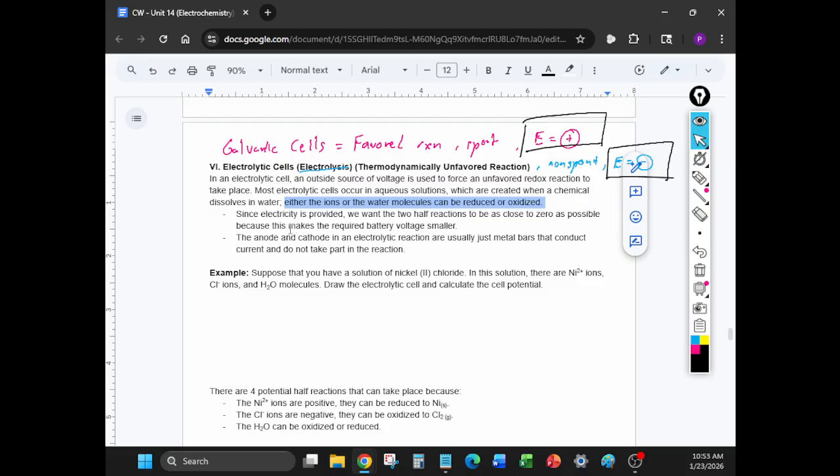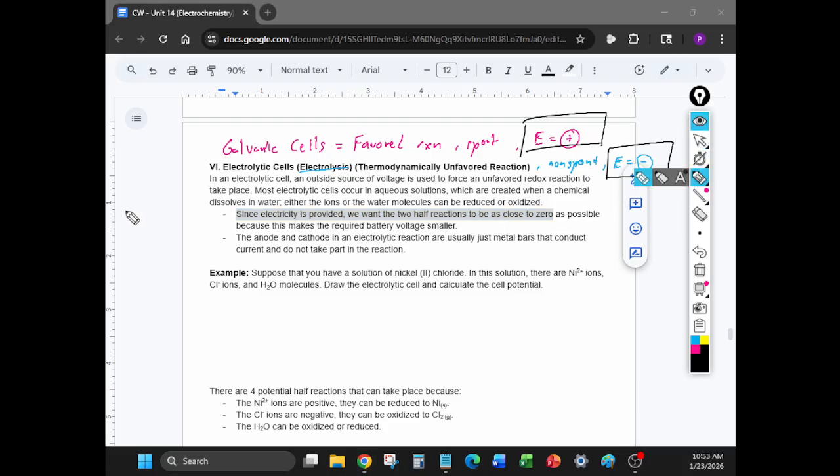A couple things to note is since electricity is provided, we want the two half reactions that we're combining to be as close to zero as possible. So when we are looking at an electrolytic cell, when you add the reduction potentials together, you want it to be negative, but you also want it to be as close to zero as possible. Okay, that's what this means right here.